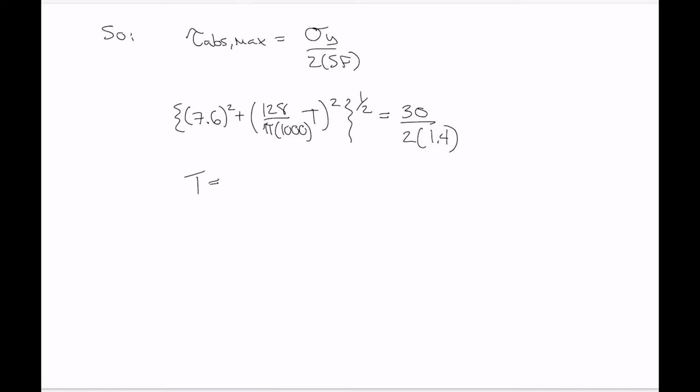So solving that for T gives us 184.4, and that would be pound inches like we said before, which is 15.4 pound feet.